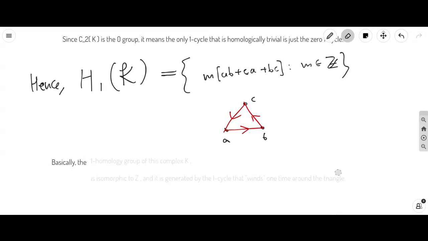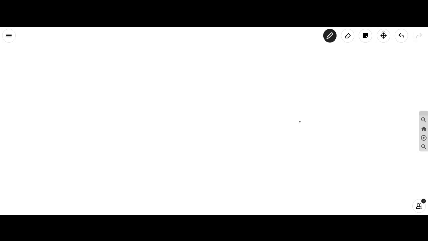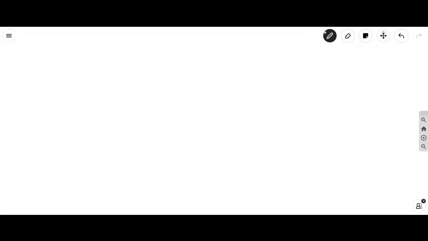And then you can go ahead and look at other examples. So let's look at an example that involves the tetrahedron, the surface of the tetrahedron. To find the homology of a tetrahedron, we describe the simplicial complex first.